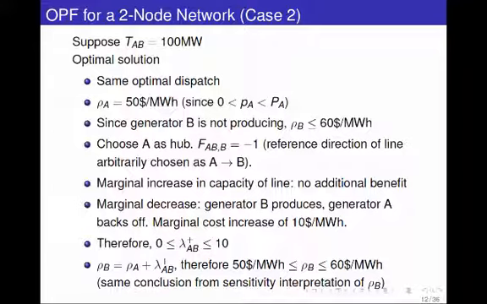Okay. So these are valid dual multipliers for the optimal solution. So all this exercise was to get you warmed up to the duality relationships, as well as the sensitivity interpretations. We're going to see a few more of these things in a minute.